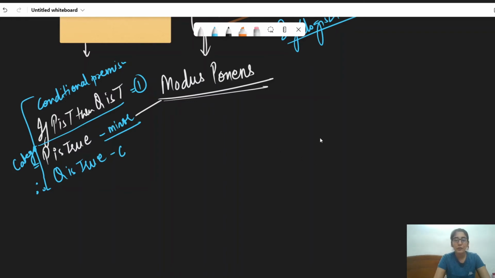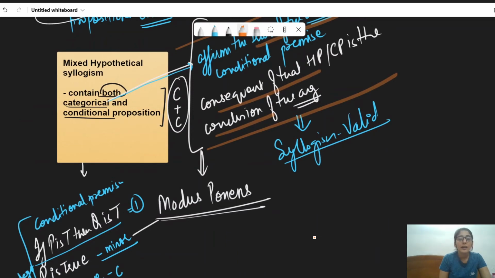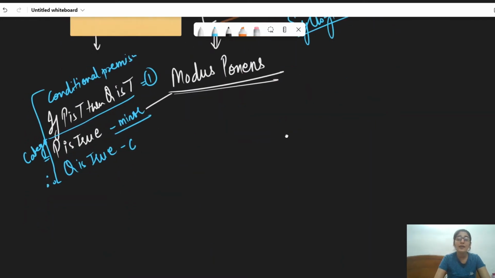Let me point it out to you. We've said here that it contains both categorical and conditional premises. So are we qualifying that condition here? Yes, we are. This statement is a hypothetical or conditional premise.